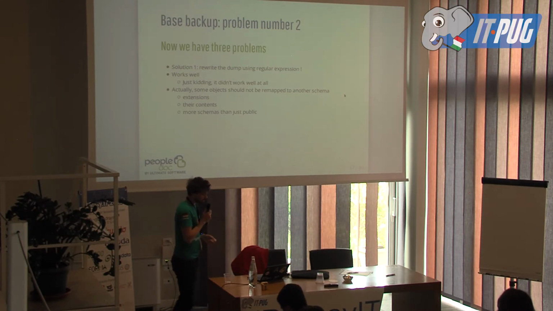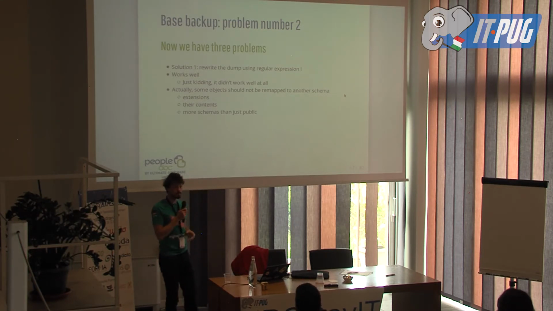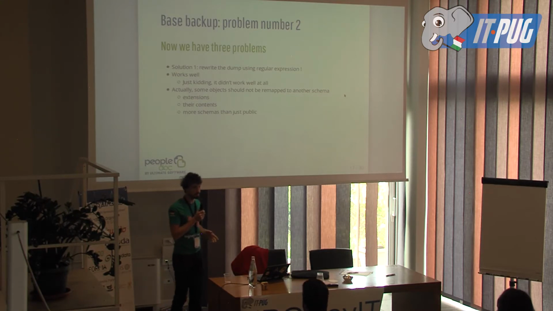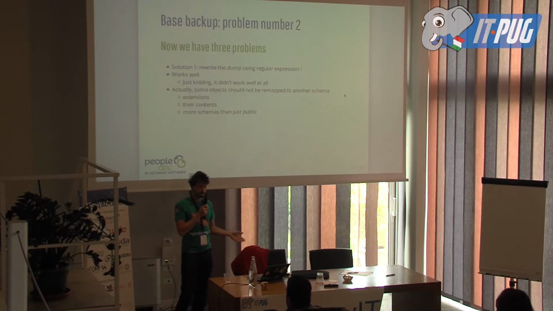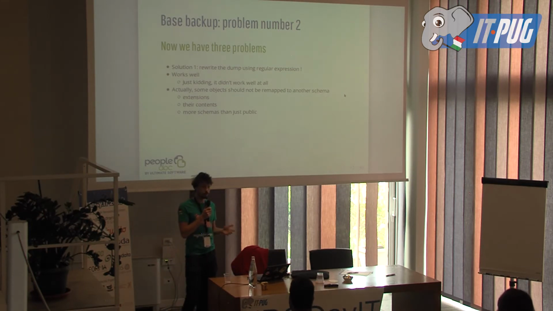It works well enough, but no, it didn't work well at all because, in fact, schema names tend to creep about everywhere in pg_dump output. And actually, there are some things that we don't want to relocate. For example, our database 1 and database 2 might both use the hstore extension.